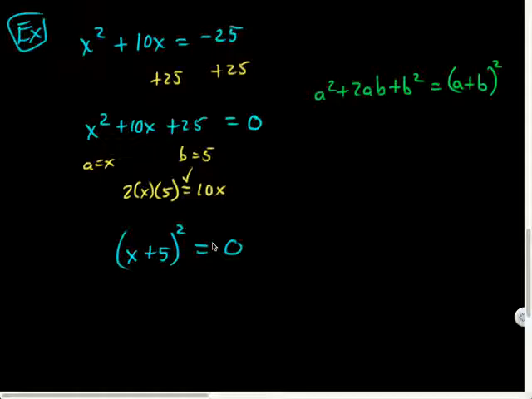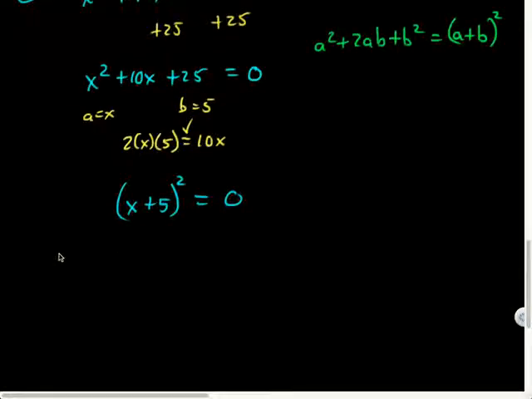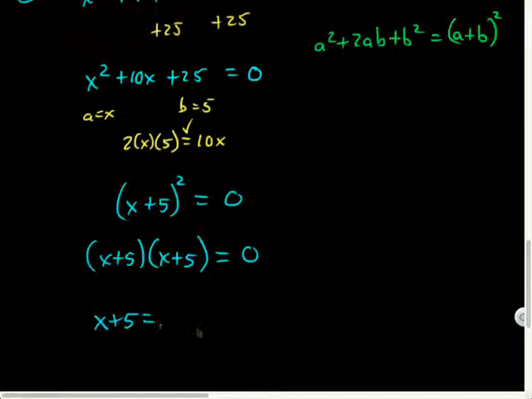So according to the zero product property, what does that mean? Well, you could rewrite it like this if you want. That's what squaring means. So either x plus 5 equals 0 or x plus 5 equals 0.